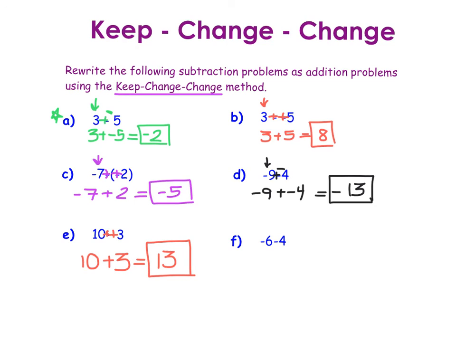And then finally, our last one, we have negative 6, so we keep, change, and this becomes negative 6 plus negative 4, and that is equal to negative 10. You can see how just utilizing keep, change makes the problems a lot easier to look at because they're now addition, and if we utilize our addition strategies, we can add them together pretty effortlessly.